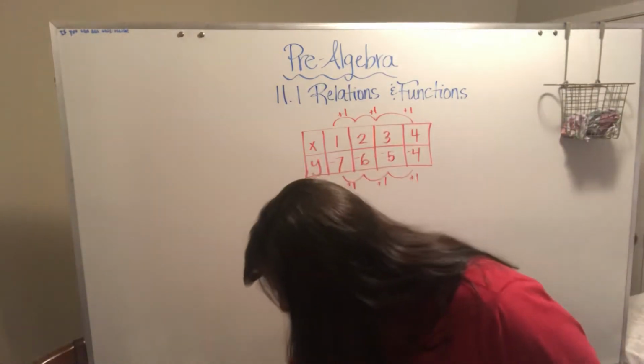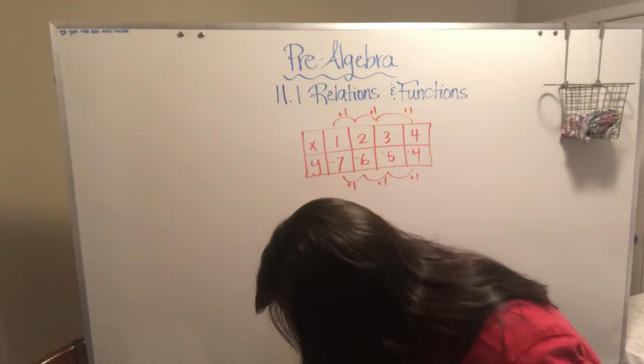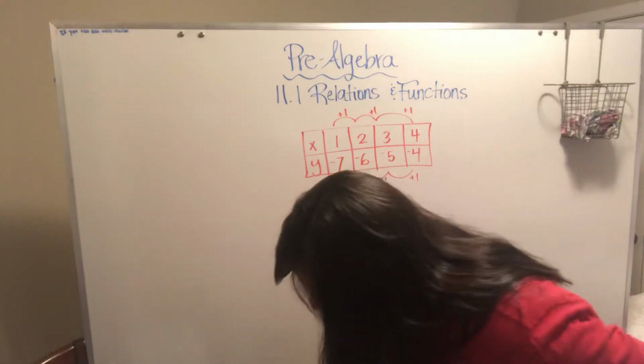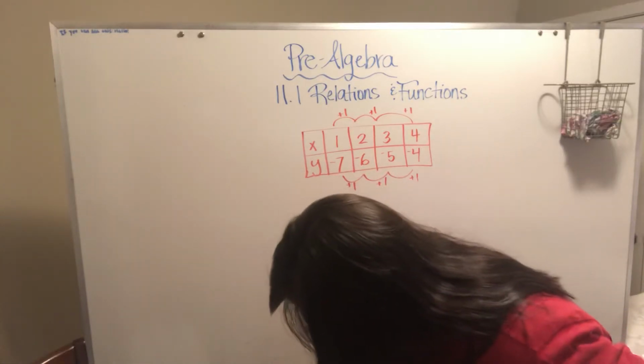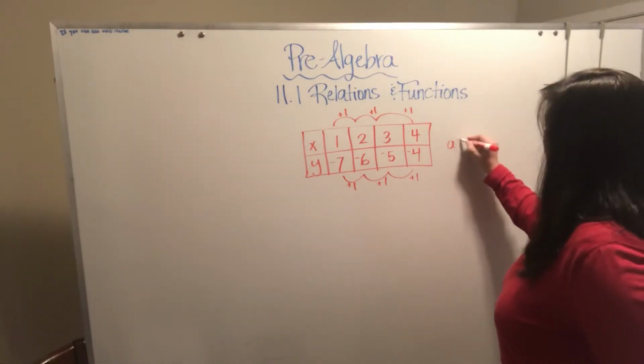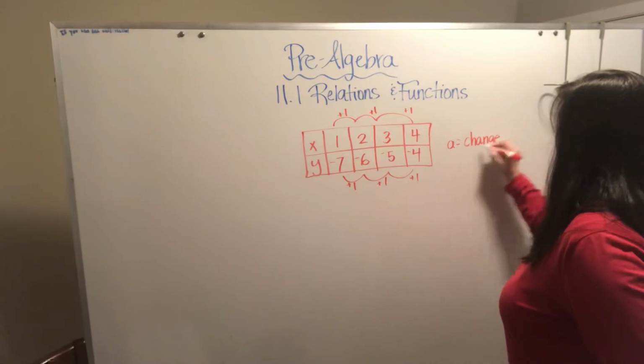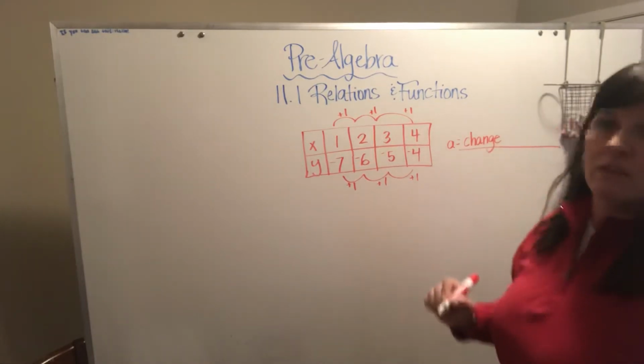Now, if you look in your book, on page 584, they're going to use an equation here, and they're going to talk about A as being the change, and hopefully you can see that. Let's see if I run out of room.